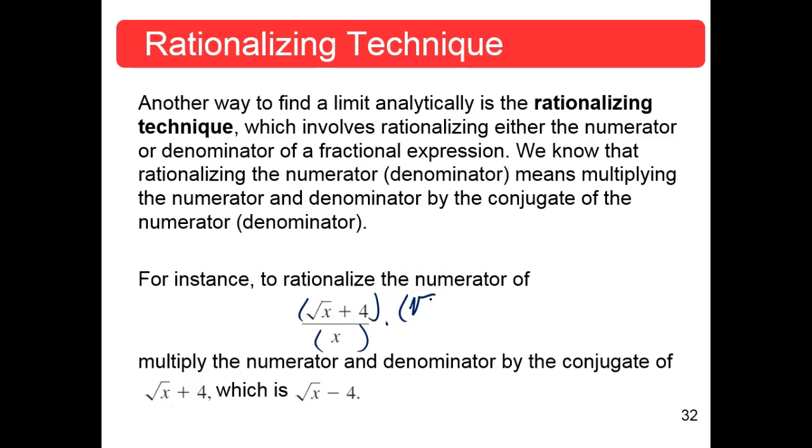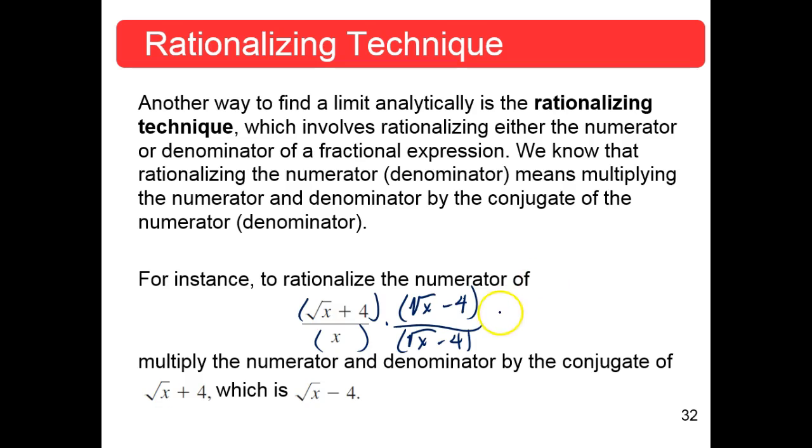And what would that be? Square root of x minus 4, okay? But then the denominator too, square root of x minus 4. Got to do the same thing to the numerator and denominator. Why is this legal? Why can you multiply by this over that? It is equal to 1. You can multiply by 1 anytime you want to. It doesn't change the value at all.